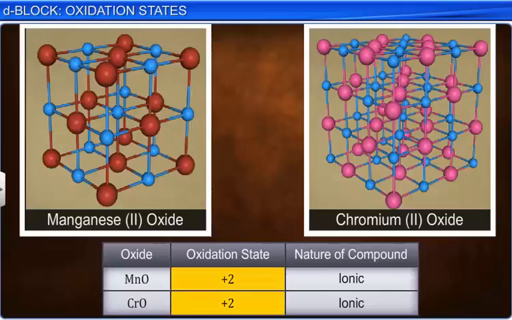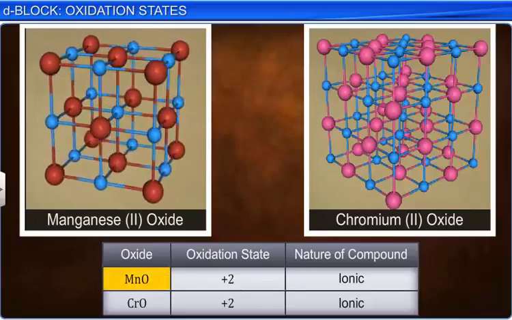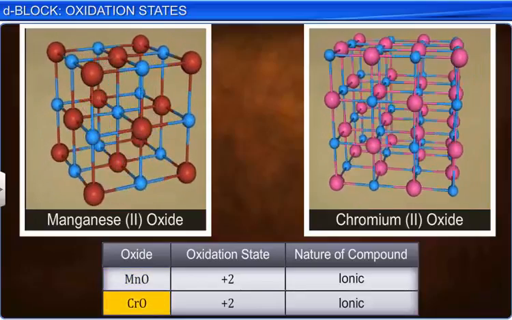In their lower oxidation states, these elements form ionic compounds. For example, manganese(II) oxide and chromium(II) oxide are ionic in nature.